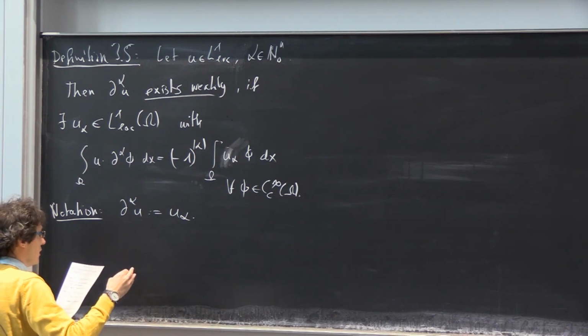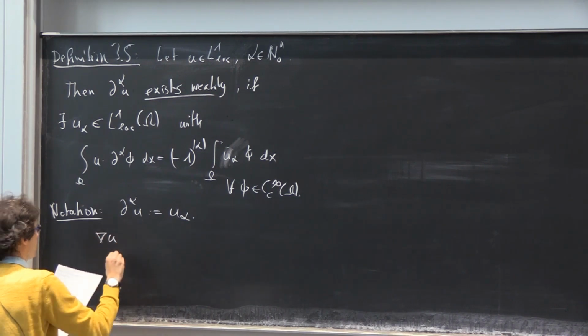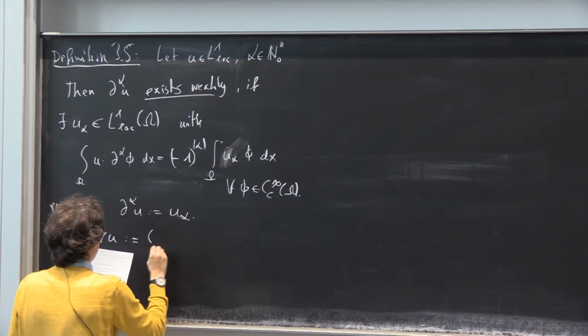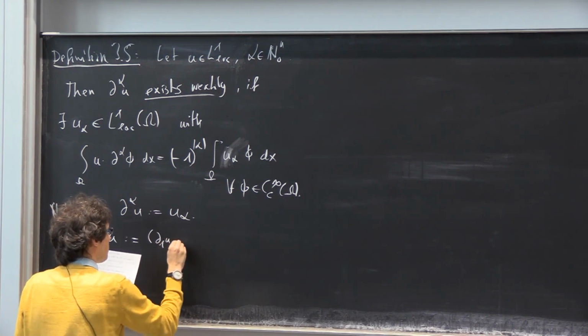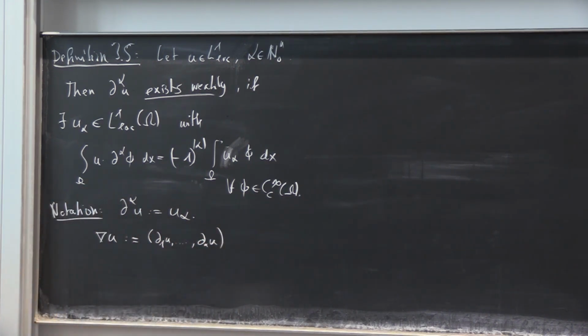Okay, and some more notation. If it exists, we also take the notation of the gradient. So if all the weak derivatives of first order exist, you put them into a vector and we call this the weak gradient.